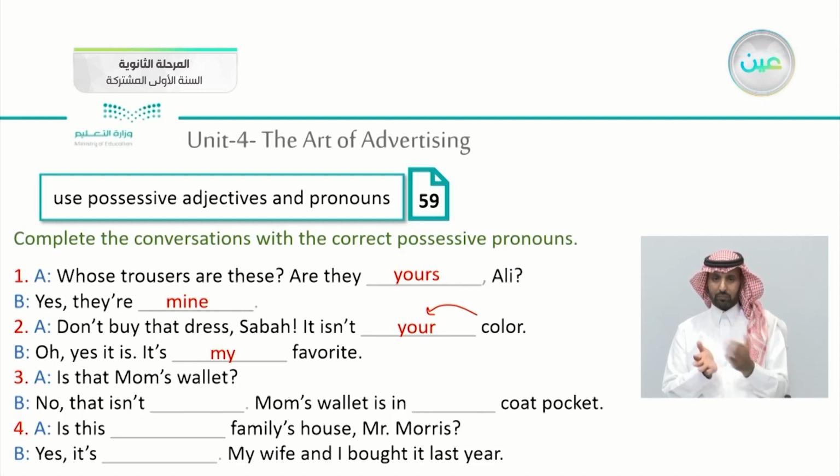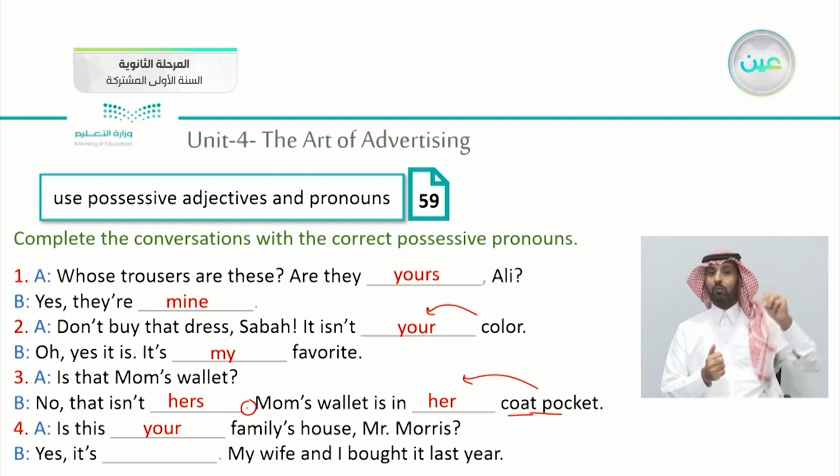Next, number 3. Is that mom's wallet? No, that is not. At the end of the sentence, you will use the pronoun, not hers, not for my mom. Mom's wallet is in her coat pocket. So here we're having the coat pocket, the noun. Before it, you will use the adjective. Is this your family house, Mr. Morris?